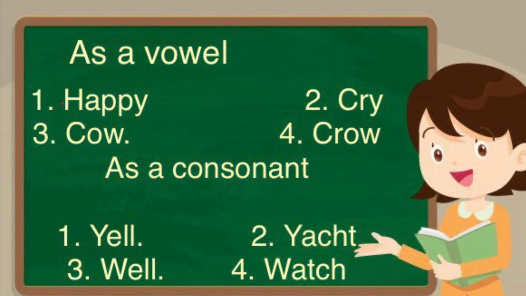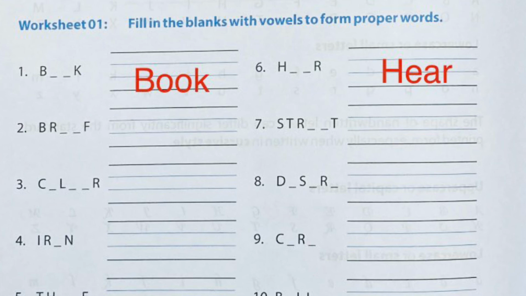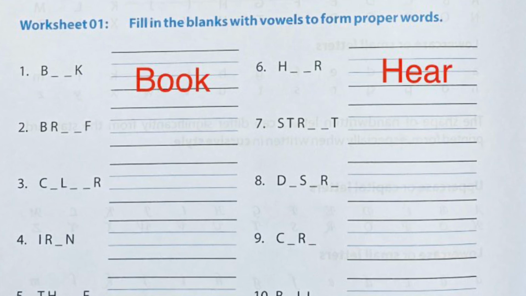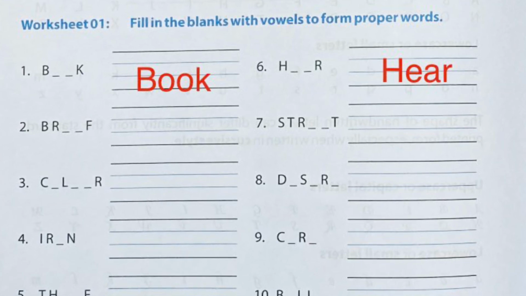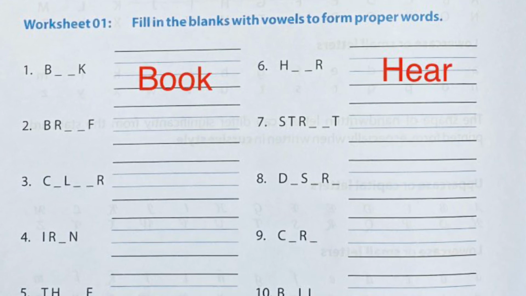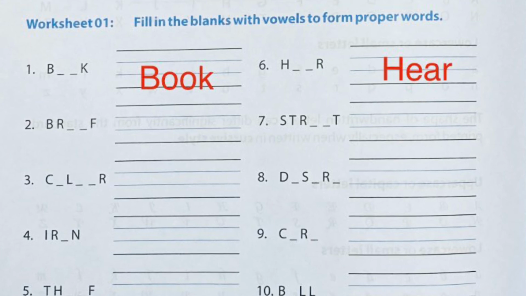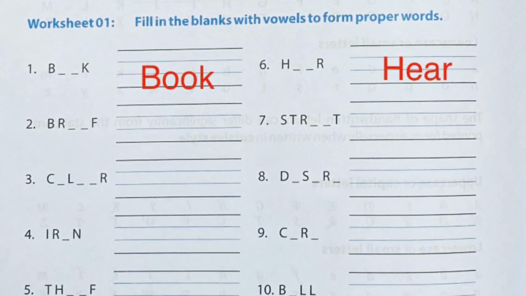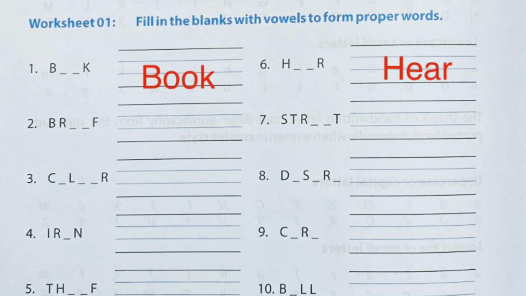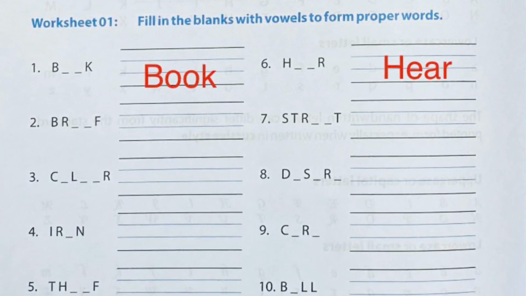Now I want you to solve worksheet 1. After watching this video, I want you to solve worksheet 1 and worksheet 2. These are very easy, as they have asked us to simply make words, which they have given here, complete with vowels. Like I have solved the first and sixth one.